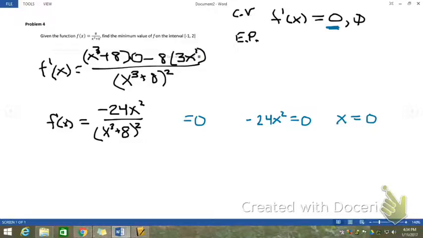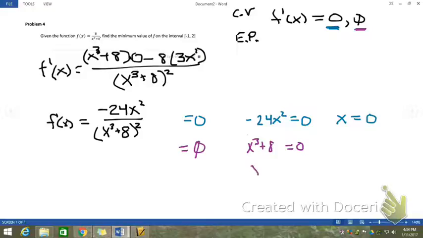All right. Next, let's suppose I want it to be undefined. That is going to happen if my denominator is 0, so I want x cubed plus 8 squared to be 0. But do I really care about that square? I mean, I could square root both sides, right? So ultimately, I can just get rid of that square and just say x cubed plus 8 equals 0, which then I could solve.